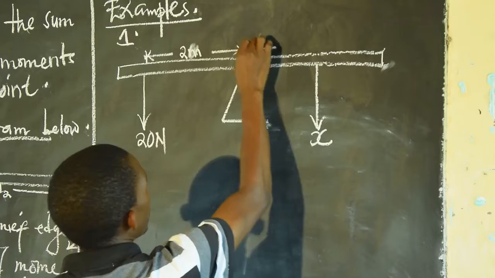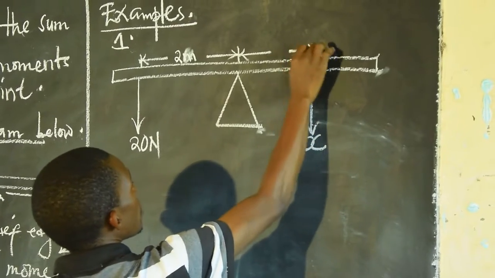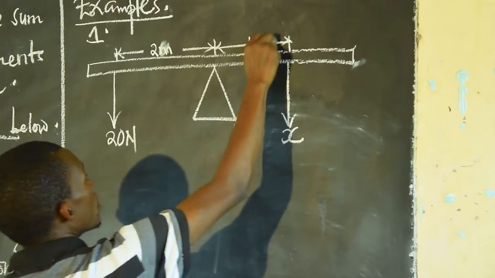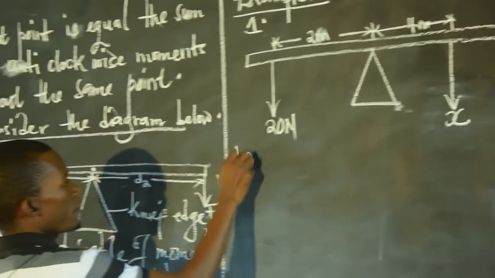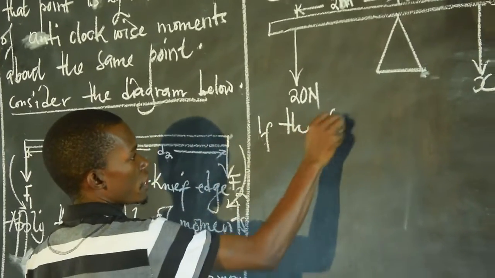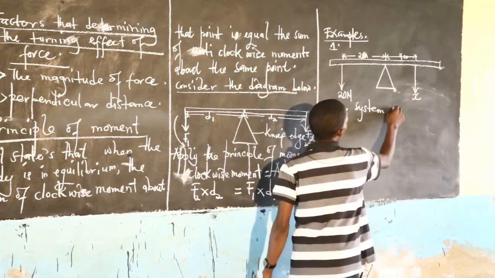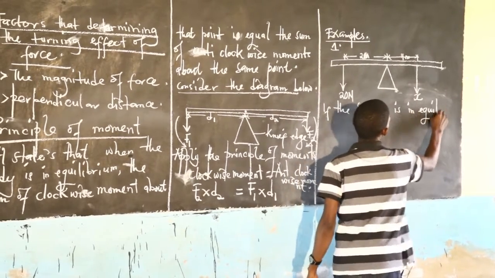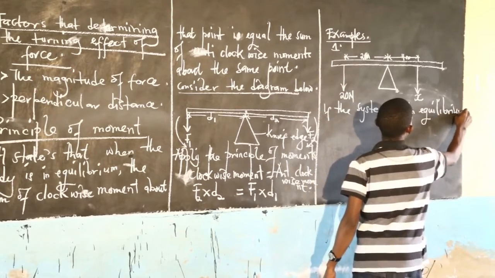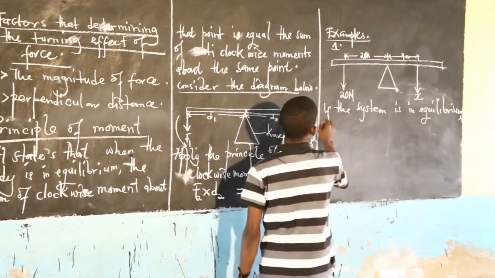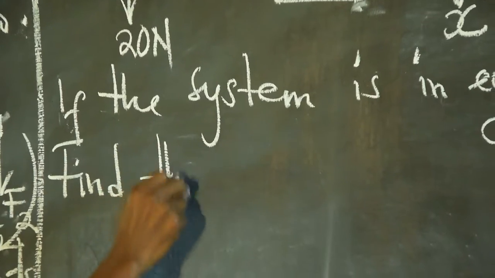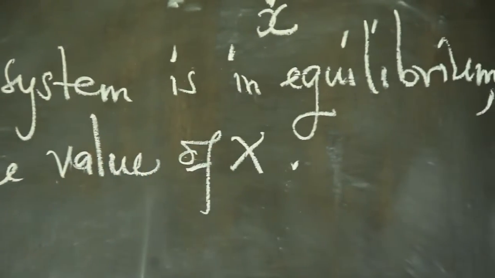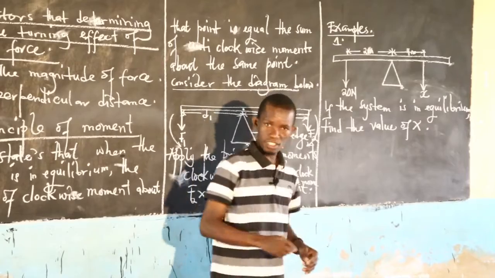The distance from here up to there is 4 meters. So, let's say if the system is in equilibrium, find the value of x.